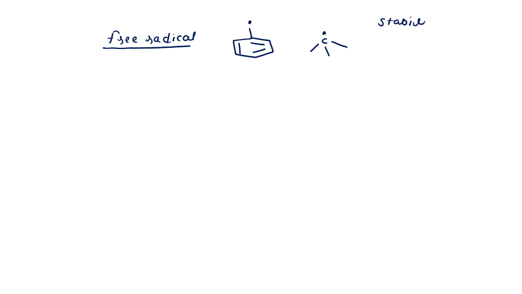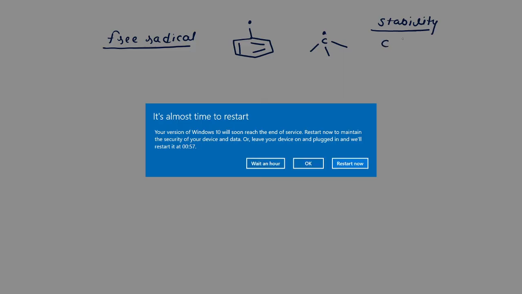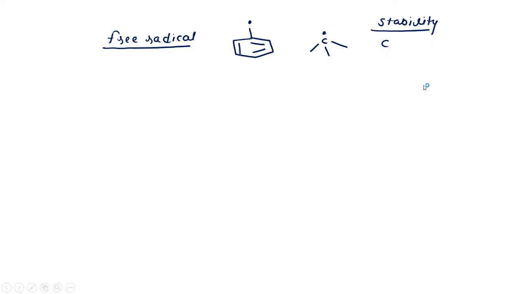The last species is a free radical, and it is also getting stabilized. This is a free radical. It is also getting stabilized in the same way as our carbocation, with stability similar to a carbocation.